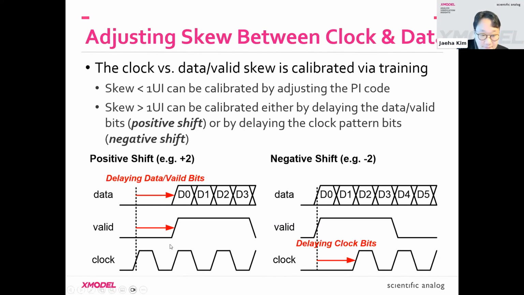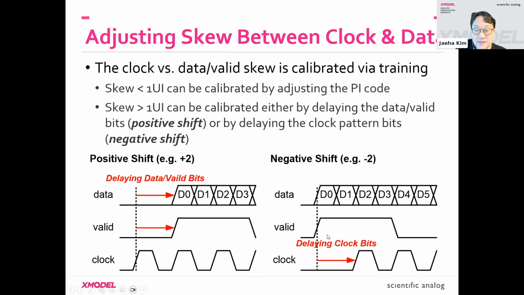For example, let's say we want to delay the data signal and the valid signal with respect to the clock. We will shift the bits sent to the data driver and the valid driver. Of course, we'll do the shifting in a bitwise fashion, in units of bits.